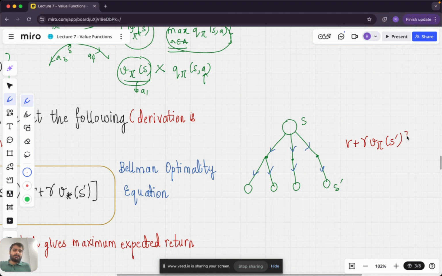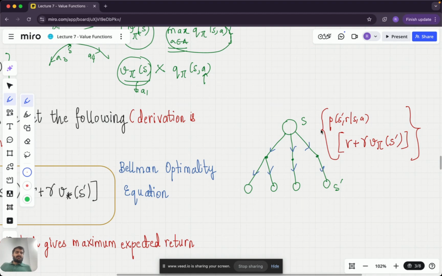And then what you do is you multiply it by the transition probability of s dash comma r given s comma a, and then you find an action that gives you the maximum of this. So there are these three possible actions.